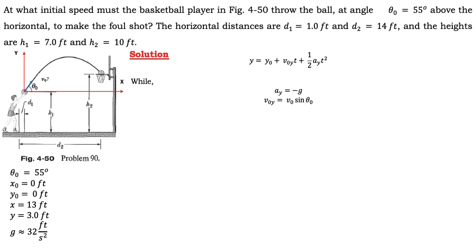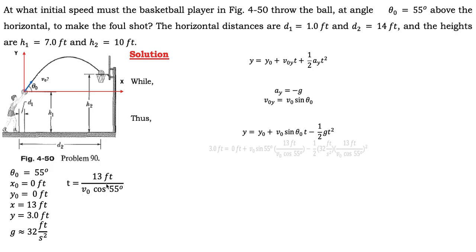Substitute this equation to this, then the equation becomes this. And then we substitute the value of each variable, and we know that the t equation is this.